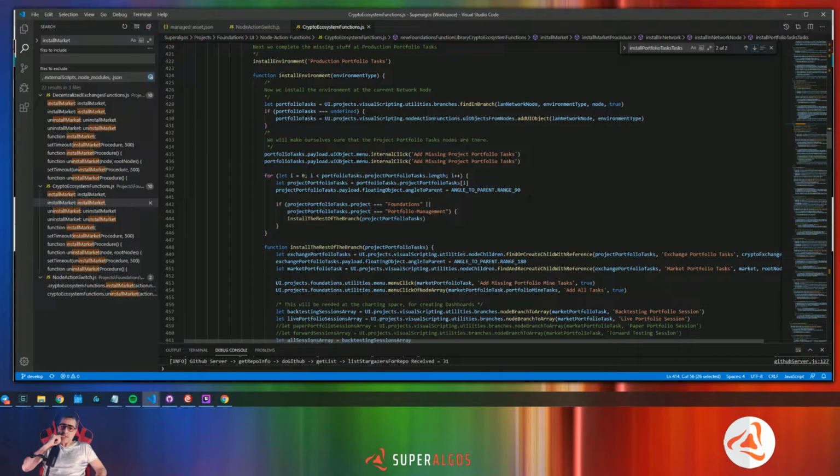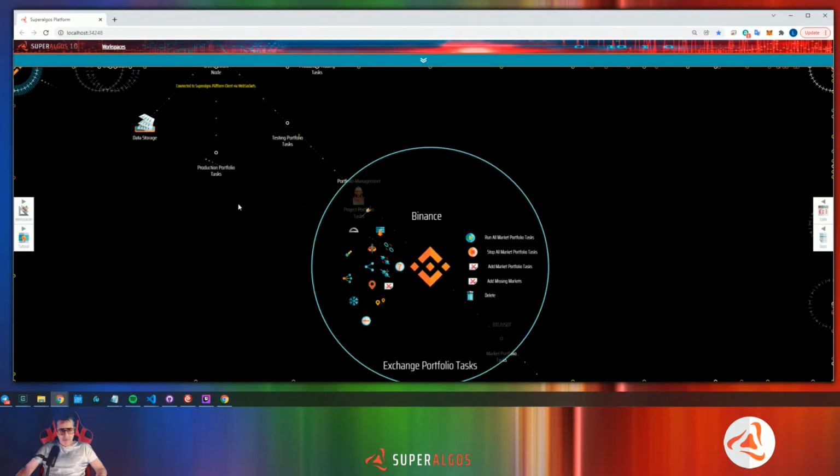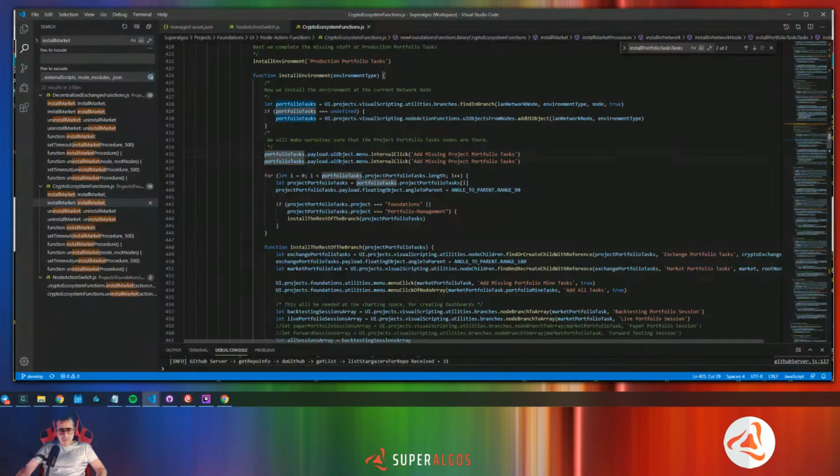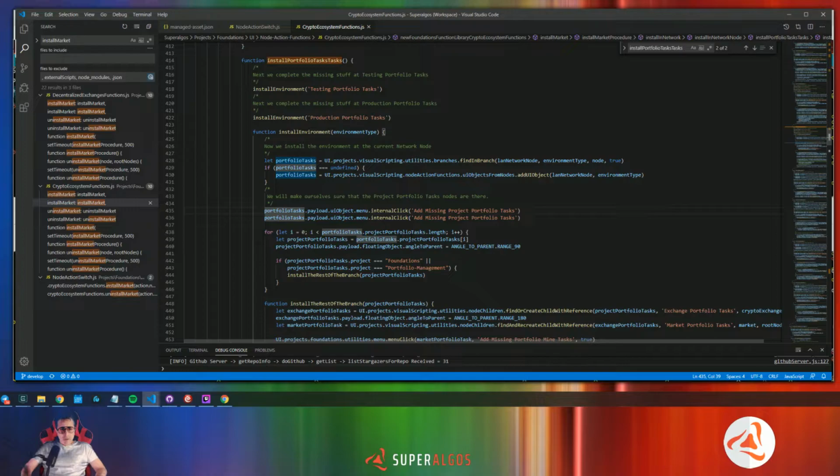portfolio tasks. So portfolio task, what is portfolio tasks? So testing portfolio task.